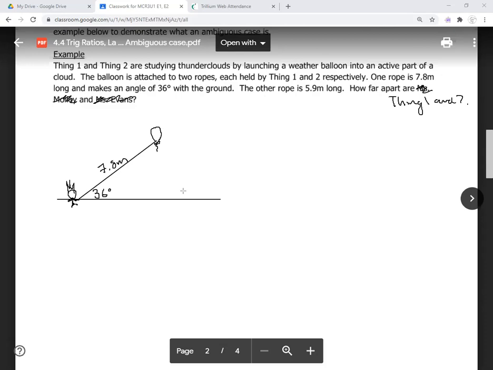So 77.8 meters, 36 degrees. I'm asking you to find where the other 5.9 meter line is supposed to be, or draw where it is supposed to be.